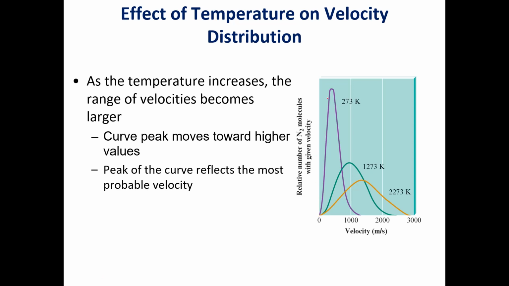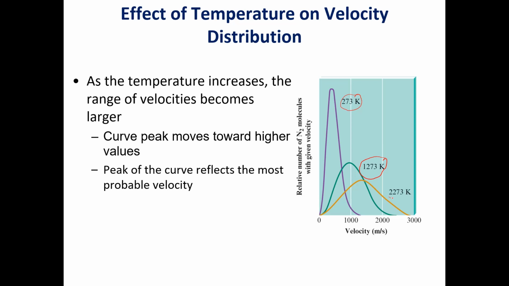So if we increase the temperature, for example, we start here at 273 Kelvin. If we go up to 1273, we now have a wider range of velocities. Our range of velocities is nearly doubled here.